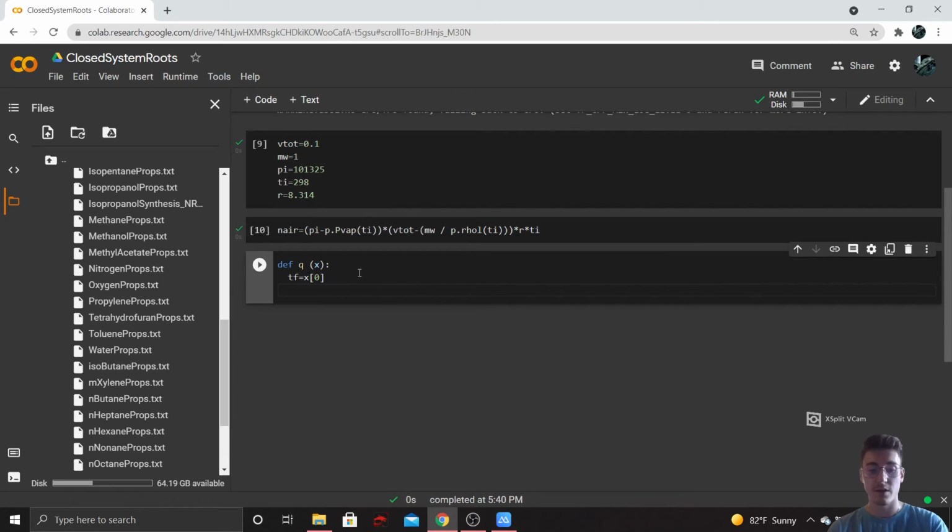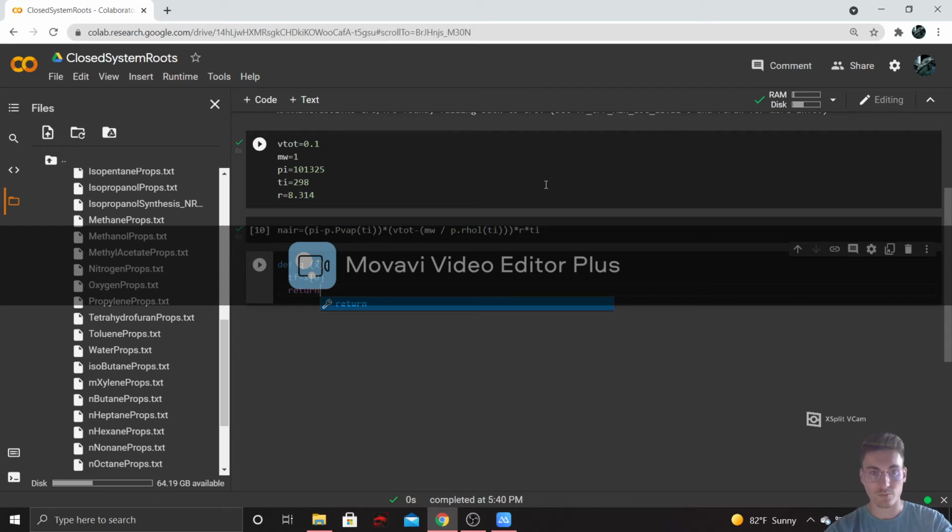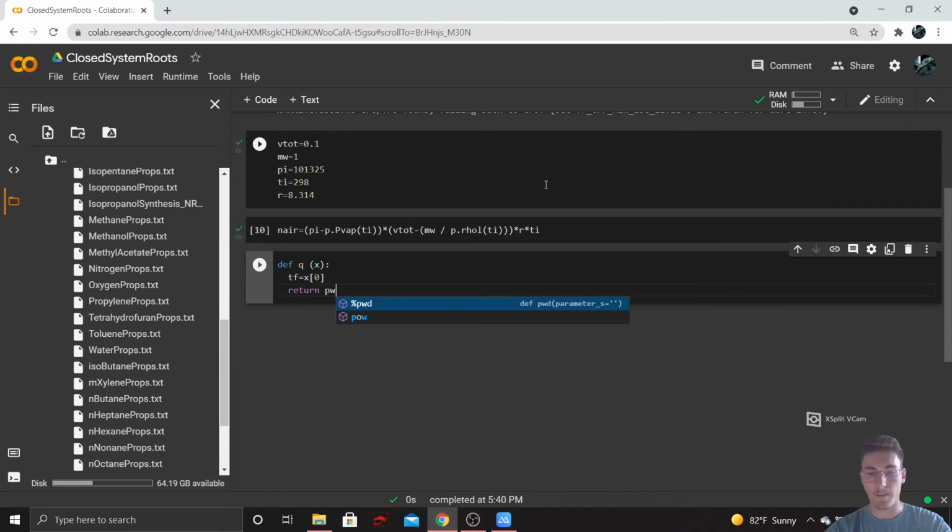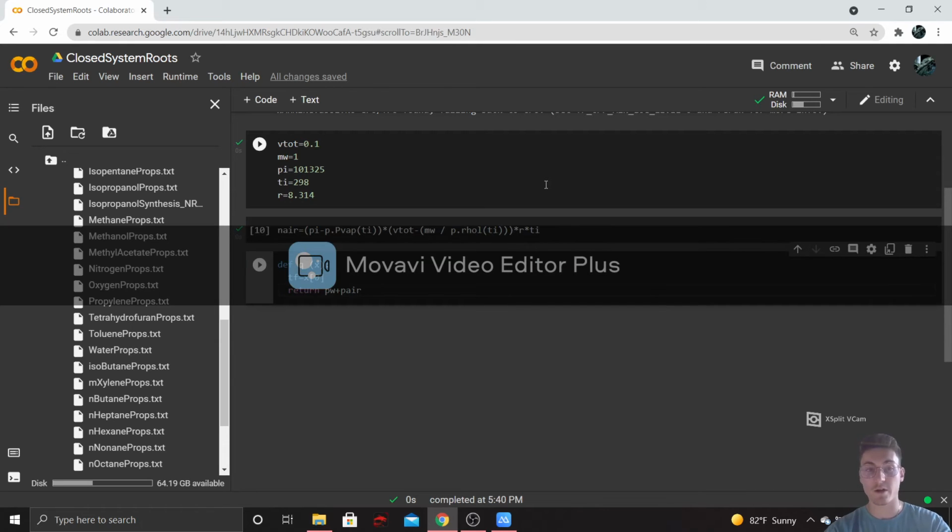We can pass in the volume. So now at the end, what we're going to do is return what we want to solve for the root. That's going to be the partial pressure of water plus the partial pressure of air minus the initial pressure. So we need to get those in here.